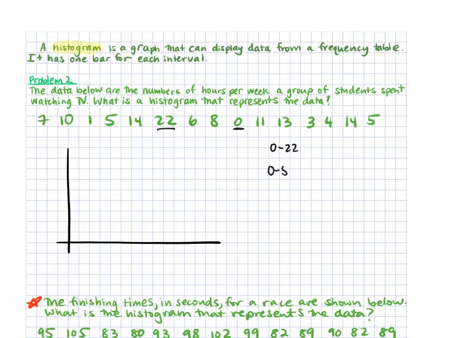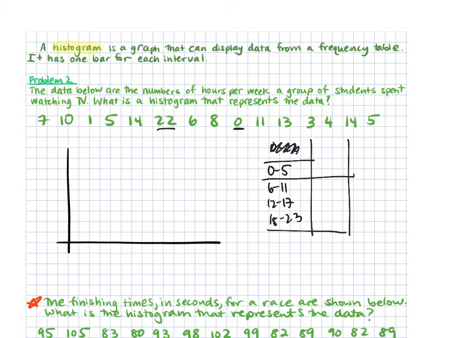So 0 through 5, 6 through 11, 12 through 17, and then 18 through 23. And then do our frequency table of these. Okay, frequency. So 0 through 5, there are 6 of them. 6 through 11, there are 5 of them. 12 through 17, there are 3 of them. And then 18 through 23, there's 1.